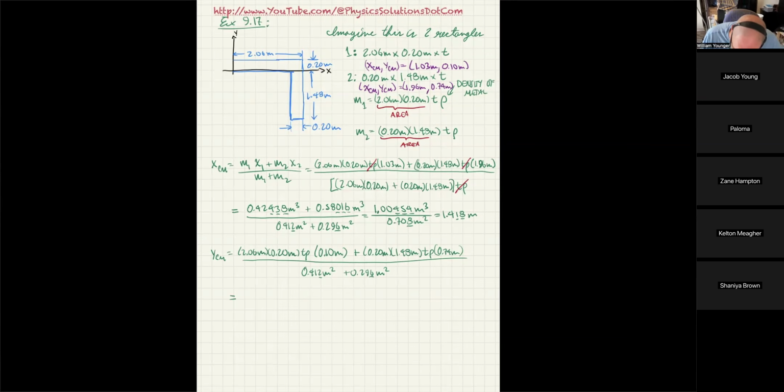So again, all this was times t rho, so I should put that t rho like that, and we can go ahead and see that this t rho cancels out with that t rho and that t rho. And in this case, we're going to get 2.06 times 0.2 times 0.1 gives me 0. Oops, there we go.